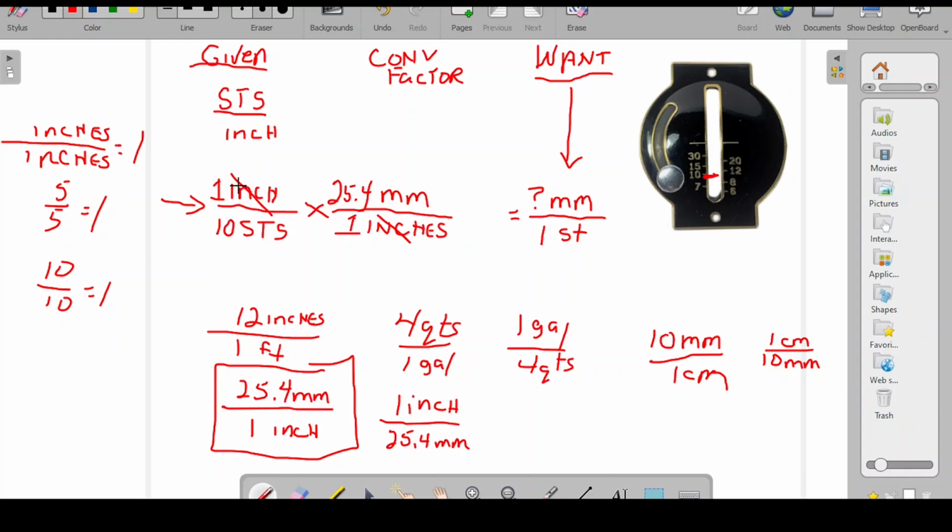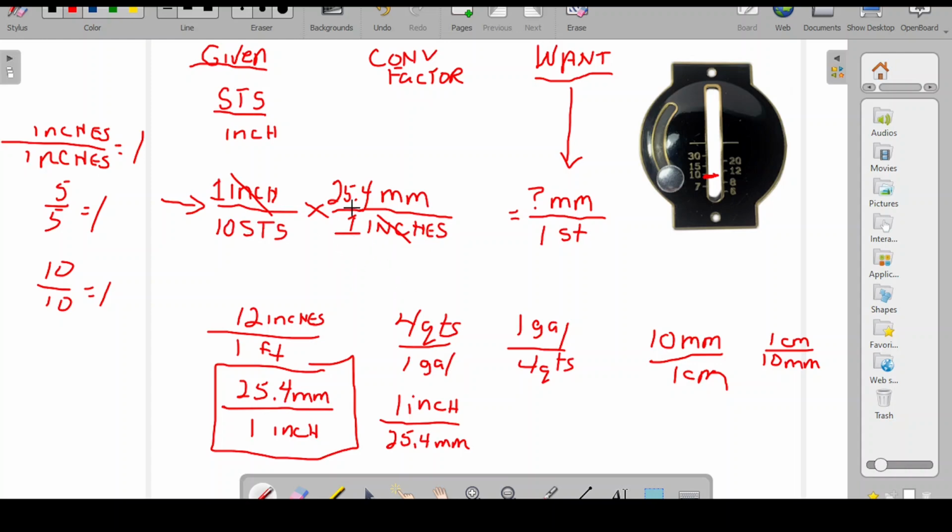And so since the inch is canceled, the only thing we're left with, because with multiplication you can switch, I could put the 25.4 over the 10. You can move things around up here from left to right. You can move things down here from left to right because we're multiplying. That's just a property of multiplication.